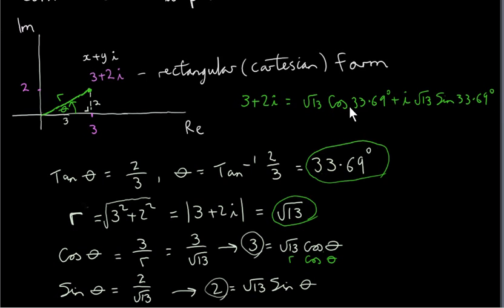If you multiply root 13 by the cos of 33.69, you'll get 3. And root 13 by the sine of 33.69 will give you 2. So it just comes out of basic trigonometry. The root 13 is often factorized out. Root 13 is r. So we have r times cos theta plus i times sine theta inside brackets.